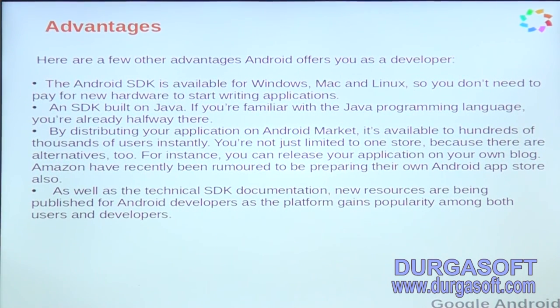As well as the technical SDK documentation, new resources are also published on Android Developers as the platform grows. That means the Android SDK is very rich. It keeps on updating its components day by day. For example, when I started Android, there were only 2.1 and 2.2 versions.